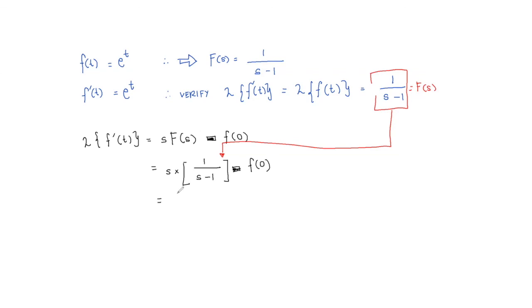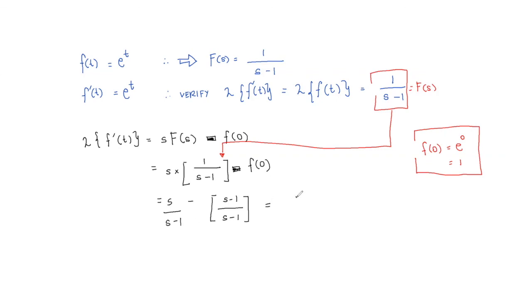So now from here, let's substitute these values. The initial value of the function when t is at 0 is exponential to the power of 0, and that is 1. So we substitute this into the overall equation, and we will get s over s minus 1, minus, in bracket, s minus 1 over s minus 1, which is basically equivalent to 1.